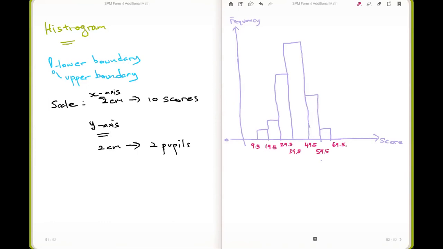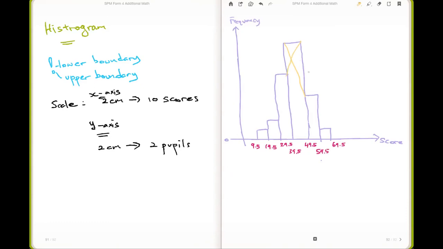And then you will be asked, from the histogram, to look for the mode score. So in order to get the mode score, what you can do is use a pencil. Go for the mode, which is the maximum. This vertex, draw it to here. This point, draw over here.